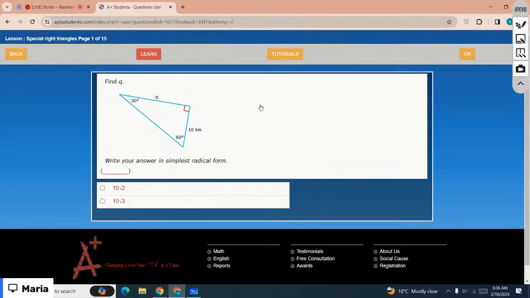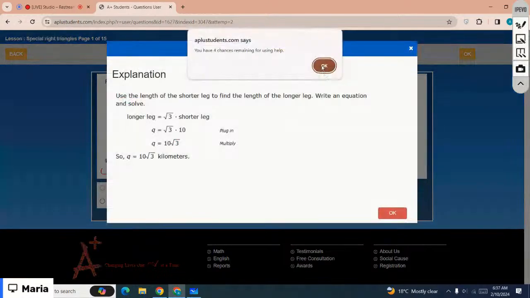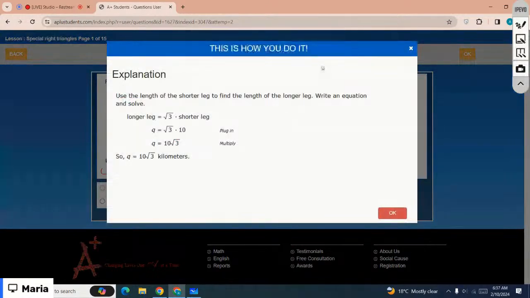So when you have to calculate the side q, you have to use the equation: longer leg equals square root 3 times the shorter leg, right?